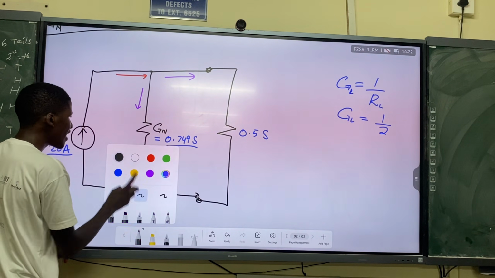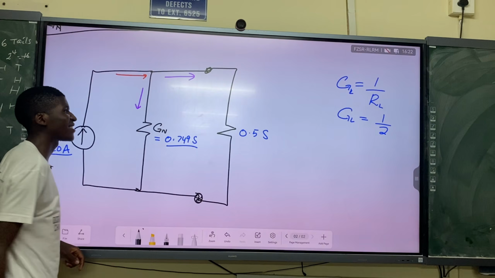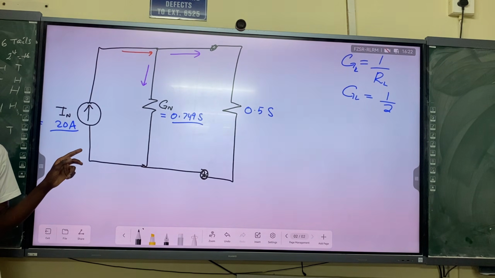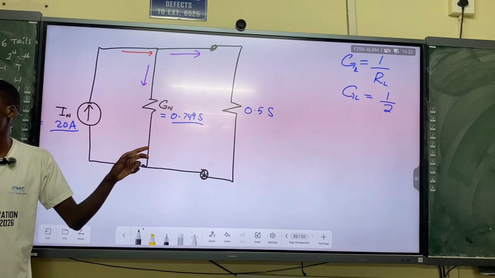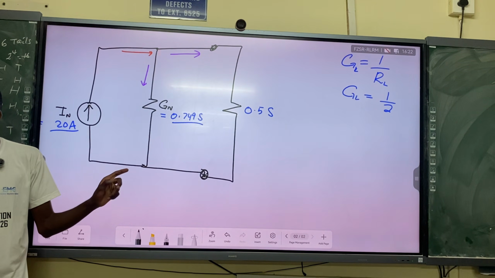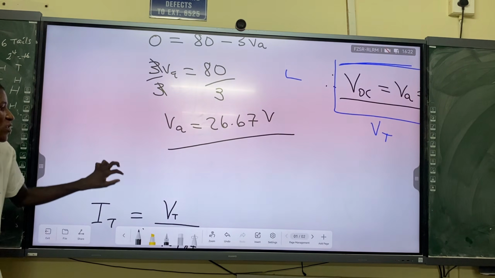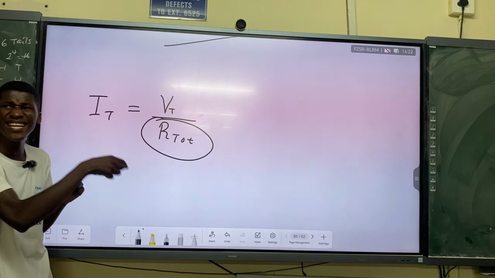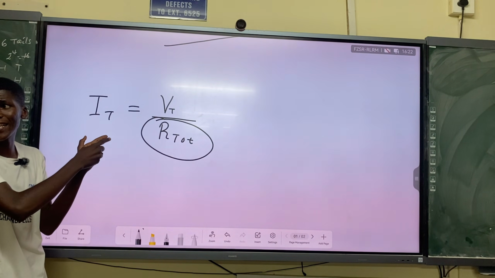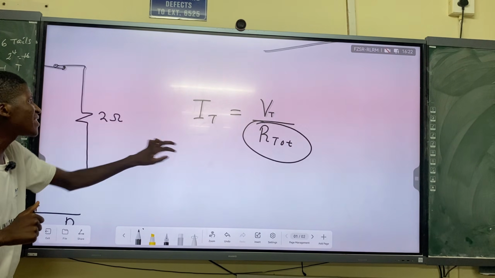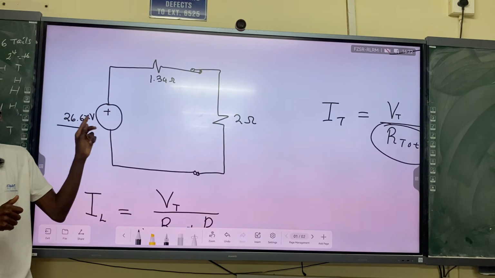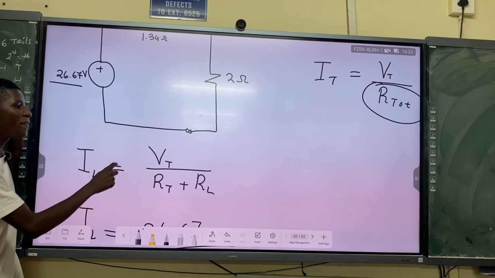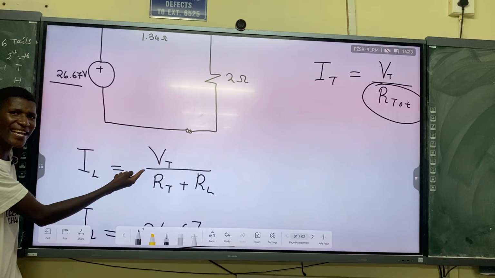Here we still put our open circuit so that it is visible. In a parallel combination, we have current that is being divided, just as in voltage division we were dividing the voltage. That is why we had VT over R total. We were dividing the voltage across the total resistors to find the total current. That was Thevenin's theorem, because it gives us a series combination of a voltage source and a resistor.